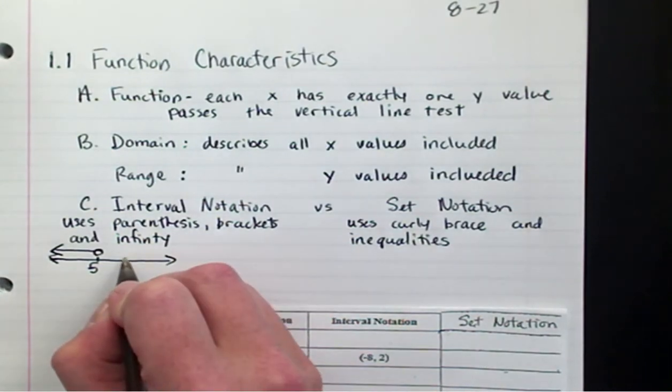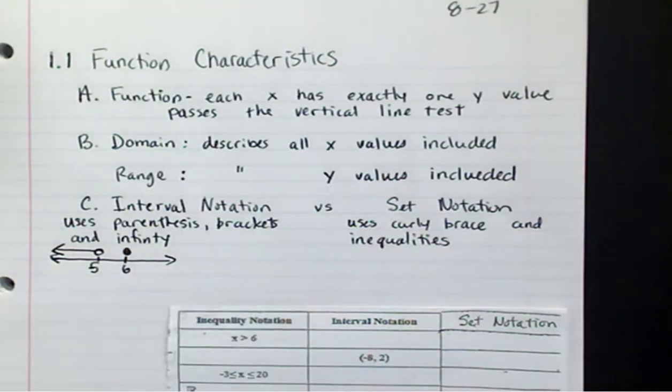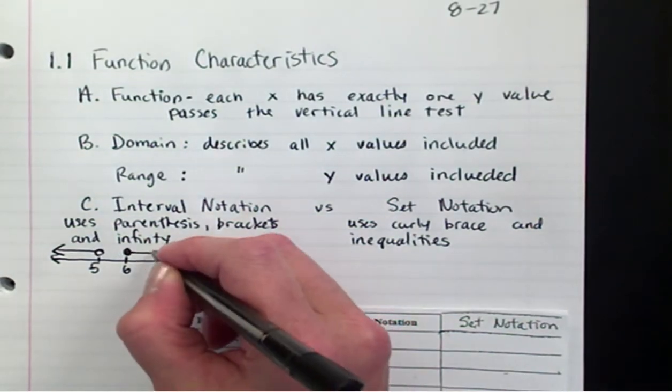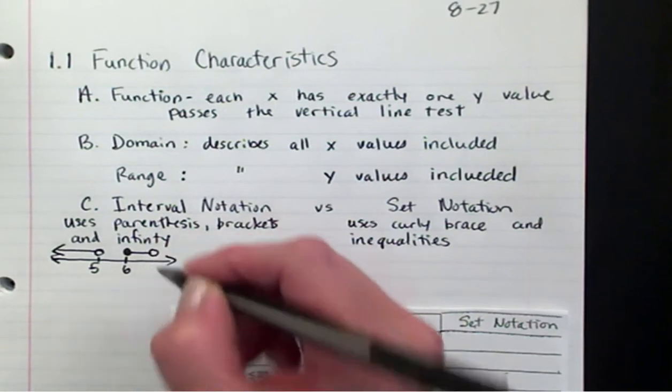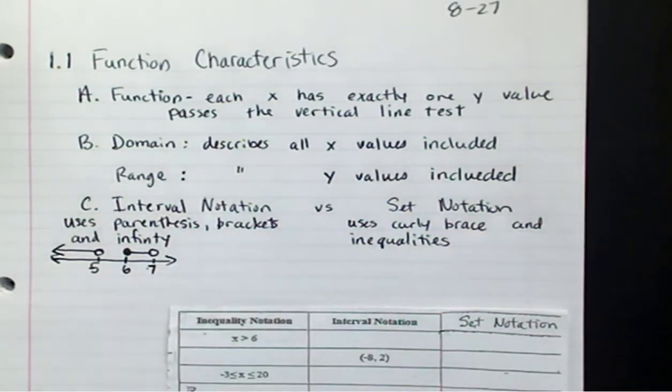And then we'll do closed circle, open circle. All right. One dimensional. X number line.